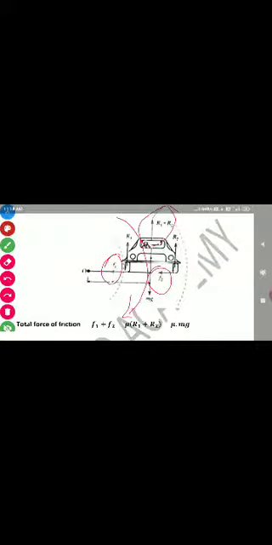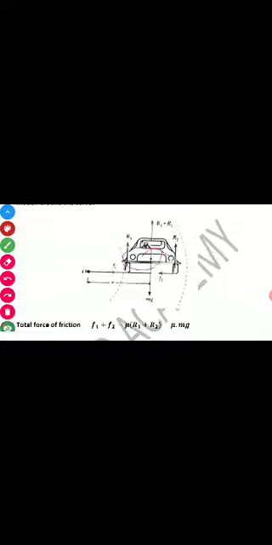Here F1 and F2 are the frictional forces, and R1 and R2 are the reactions at tire 1 and tire 2. So the total frictional force will be equal to F1 plus F2, or we can say mu R1 plus R2, because we have derived this relation F is equal to mu R, where mu is the coefficient of static friction.